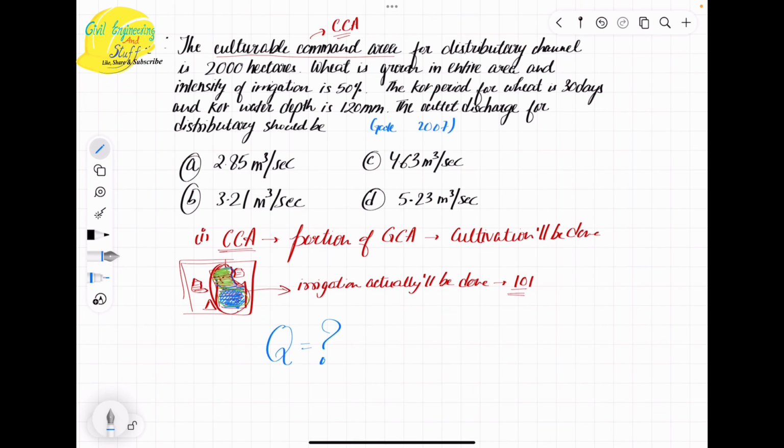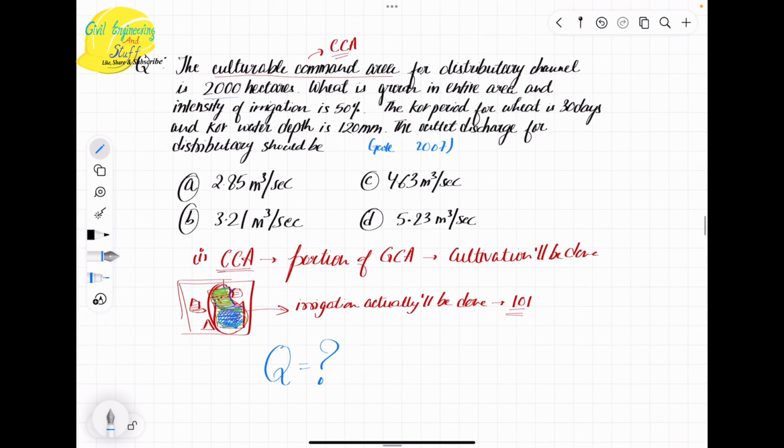First of all, let's go step by step. The cultivable command area is 2000 hectares. The intensity of irrigation is 50%.